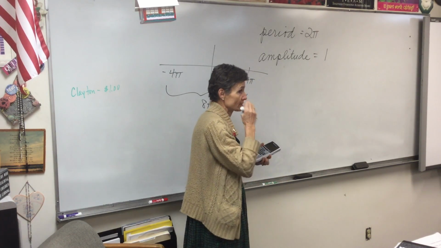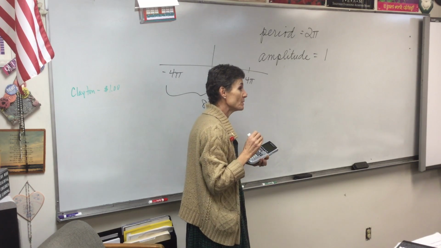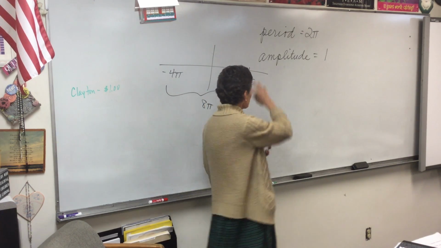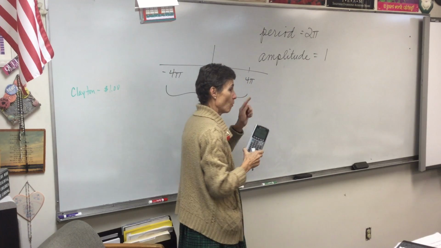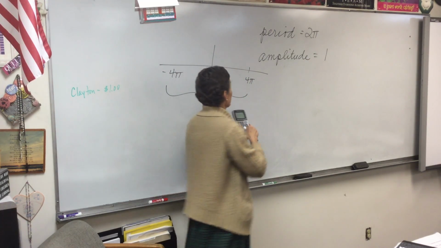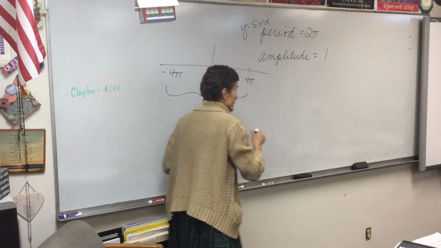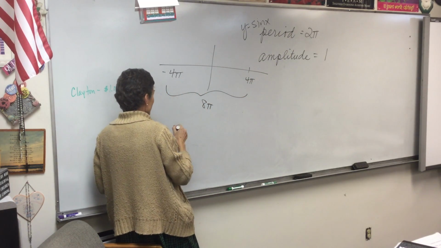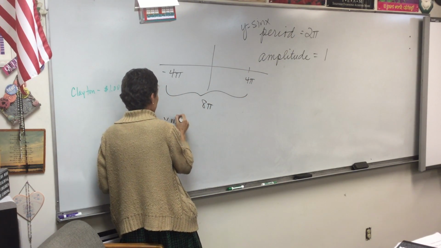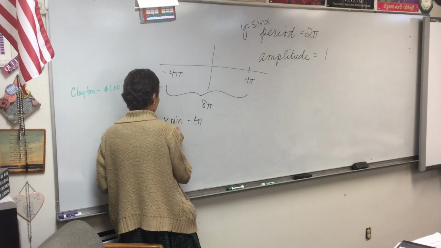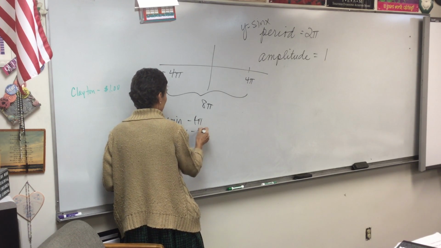How tall are the hills? Now what I'm going to do right now is I'm going to change some of this. So for a regular old sine curve, we have graphed y equals sine x. And because I didn't turn my video on, our x min we had set at negative 4 pi and our x max at 4 pi.